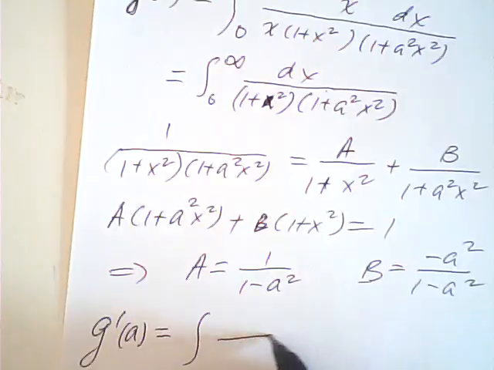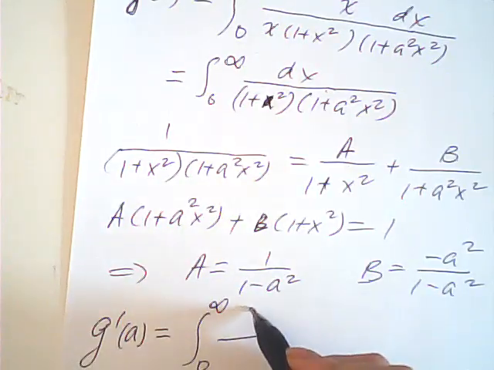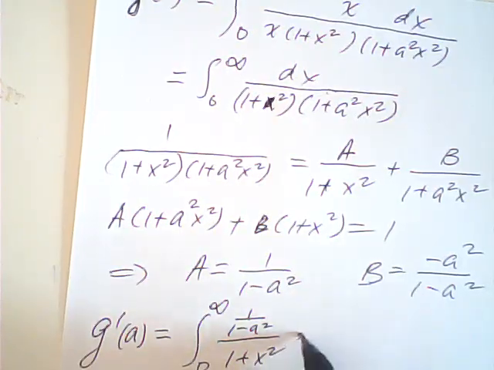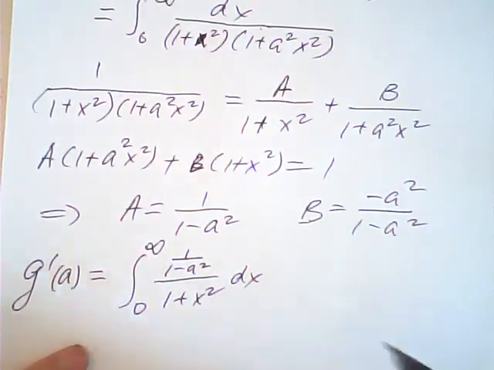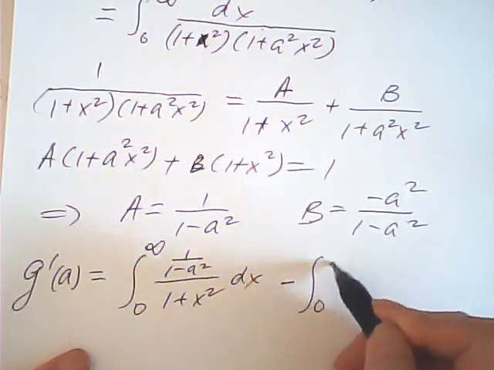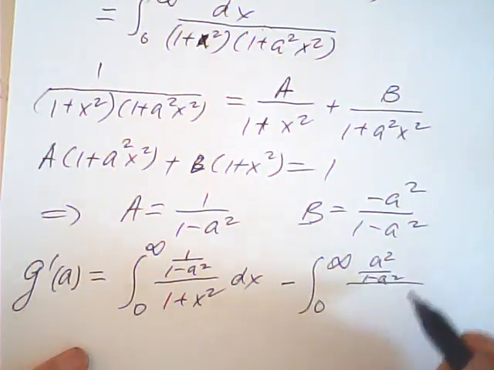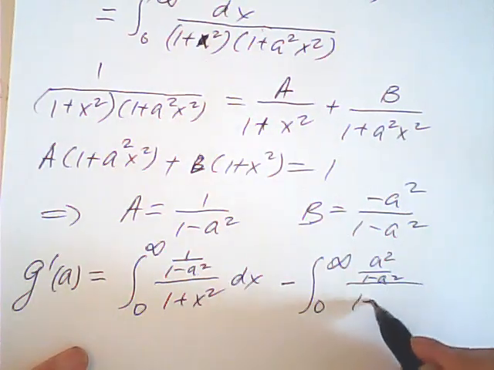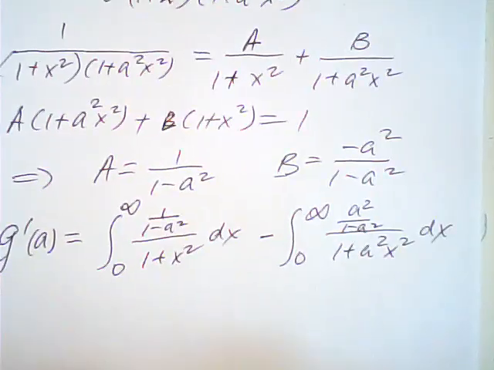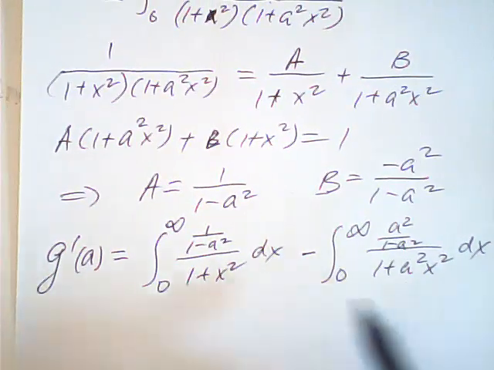The integral of a over 1 plus x squared dx, and minus the integral of a squared over 1 minus a squared, that's b, times 1 over 1 plus a squared x squared dx.